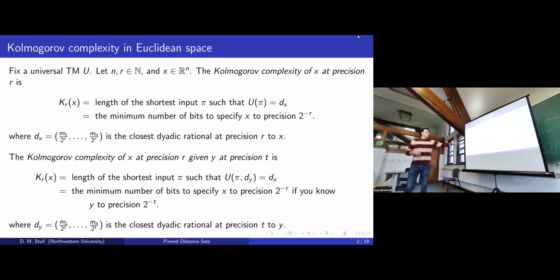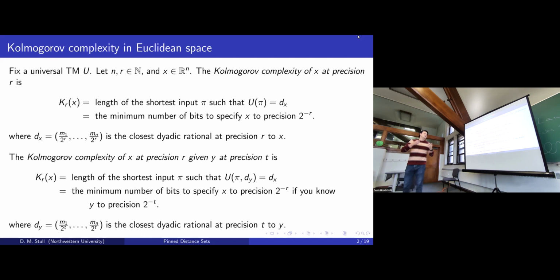It will also be useful to have a definition of conditional complexity. The Kolmogorov complexity of x at precision r, given some other point y at precision t, is the length of the shortest input pi which causes the universal machine to output this dyadic rational d_x, if the universal machine is given pi and d_y, which is the closest dyadic rational at precision t to y.